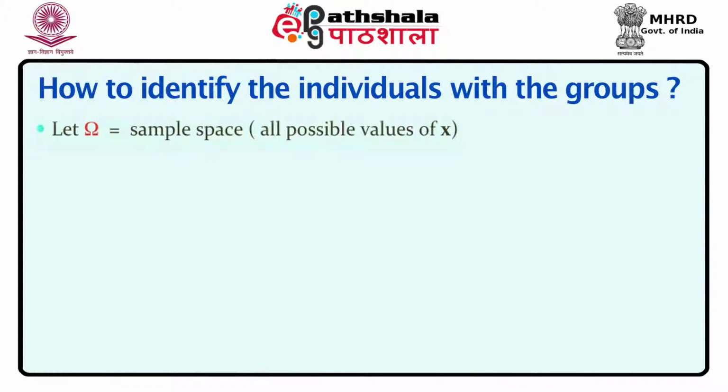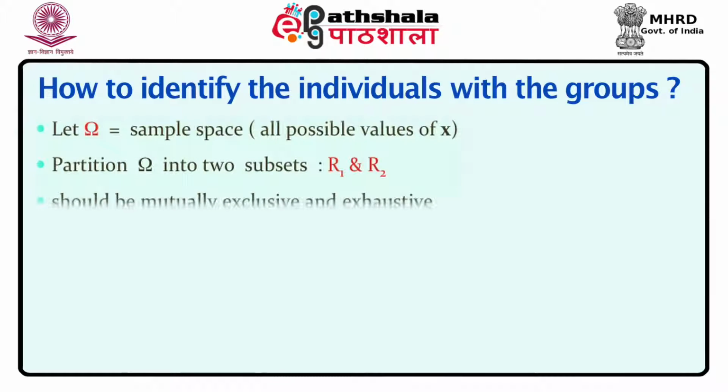So what we do here is we look at the sample space, which is the total possible values of x. So omega is the sample space, and we partition this sample space, the totality of all x, into two subsets, R1 and R2.